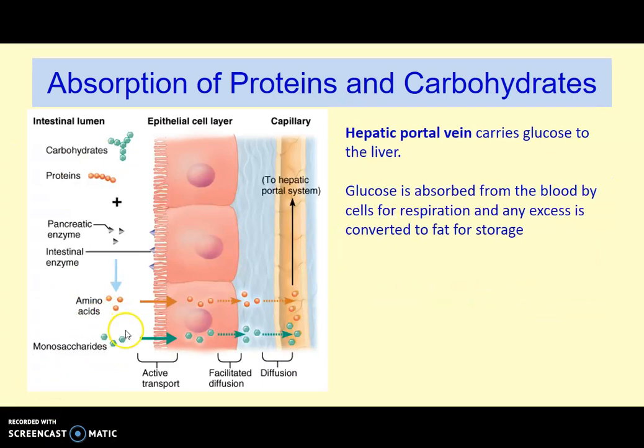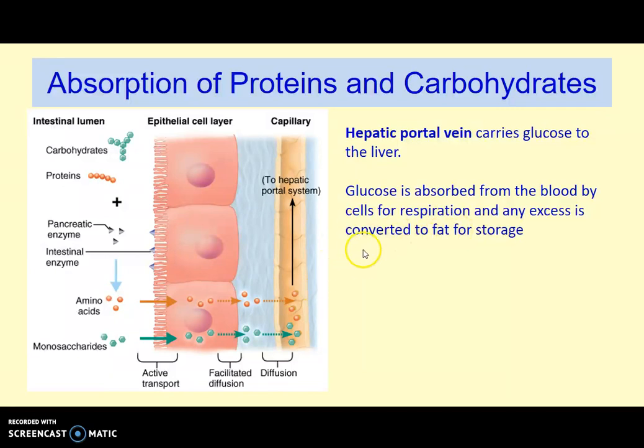Now, here we have another diagram that shows those epithelial cells with the microvilli on the outside of them. And here's a capillary, just to remember that the hepatic portal vein carries glucose to the liver. Most of those blood vessels will flow into this vein to the liver. Glucose is absorbed from the blood by cells for respiration, either aerobic or anaerobic.